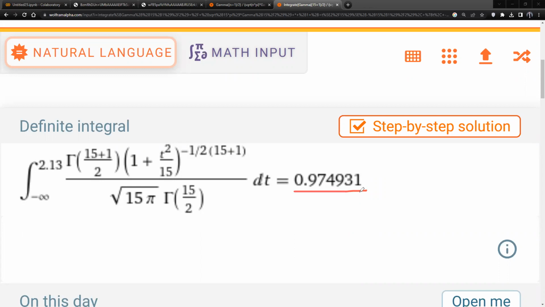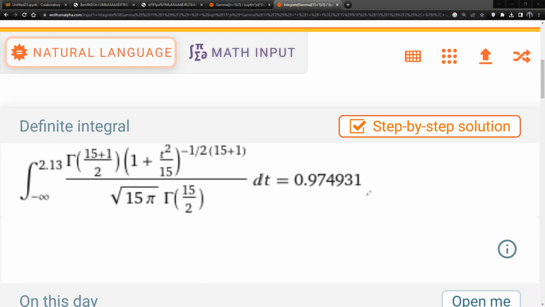What that means is that where this t-score is on my distribution, 97.5% of all values will be below it. That's exactly what we have just calculated: the area under the curve from negative infinity to 2.13 is equal to 0.97.